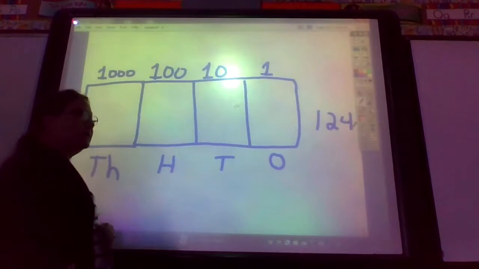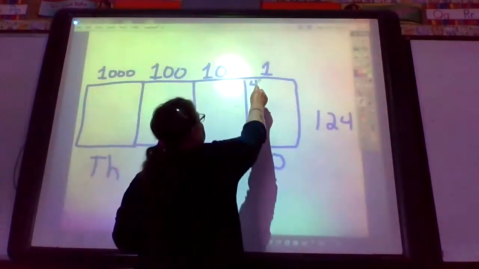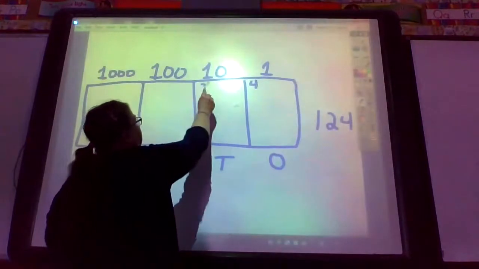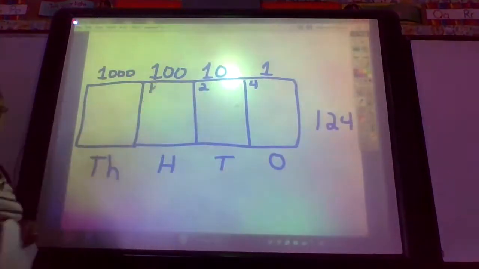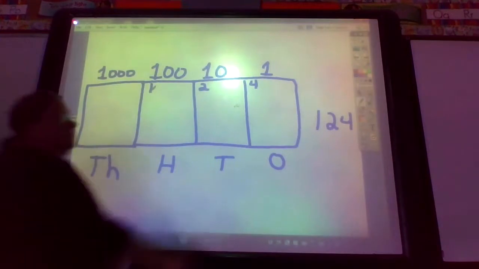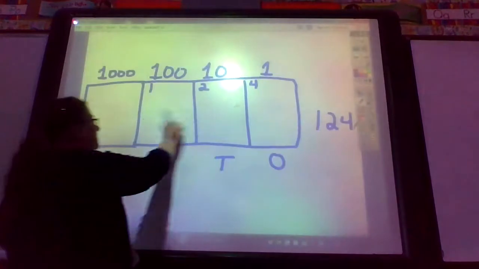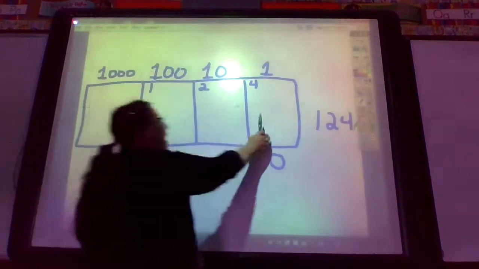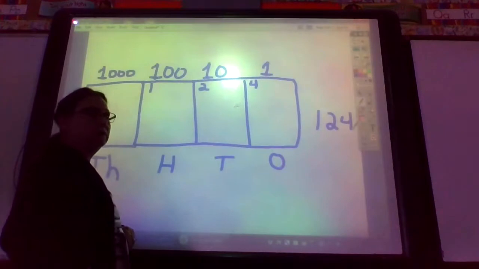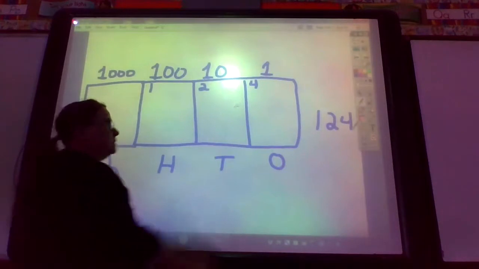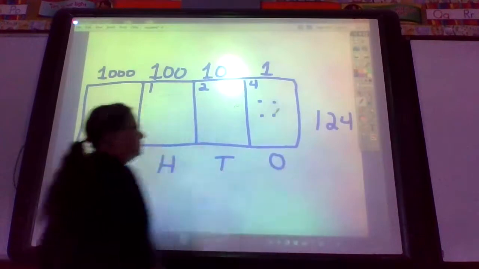If you can't see that, we could draw that here. Here's my ones, here's my tens, and here's my hundreds in my place value chart. Ones is always at the end. So how many ones do I have? Well, I see I have 4. There are 4 ones. 1, 2, 3, 4.